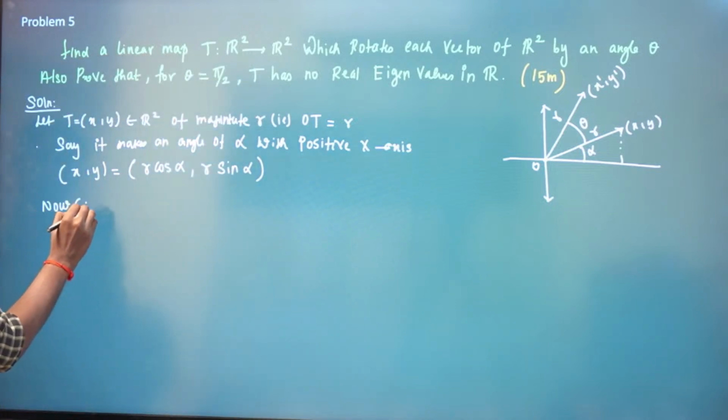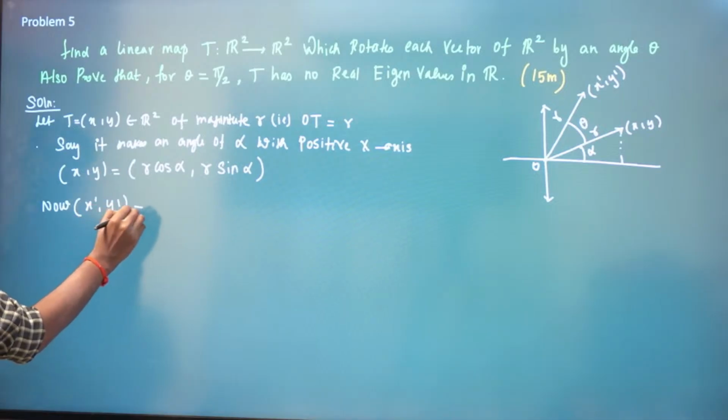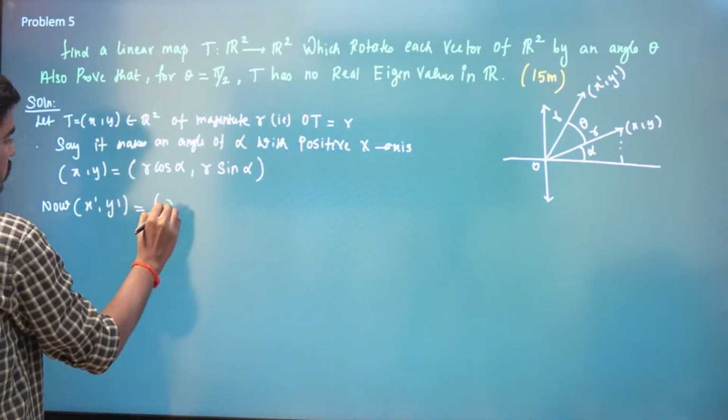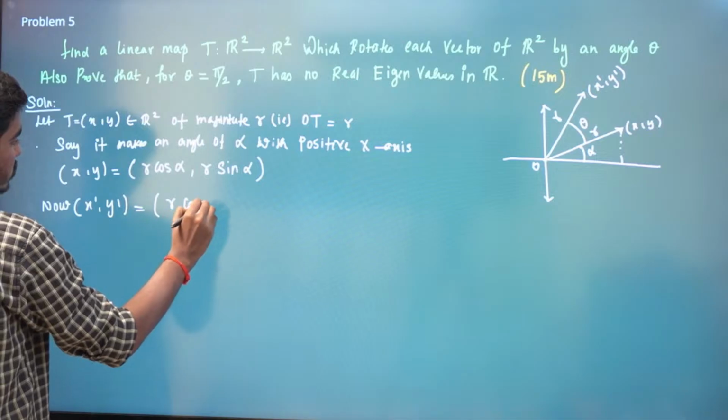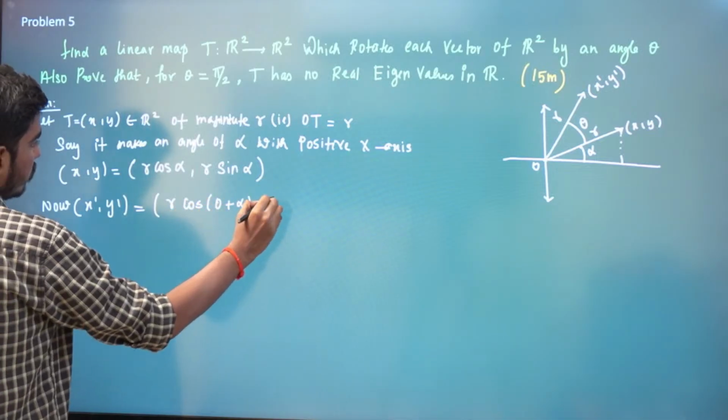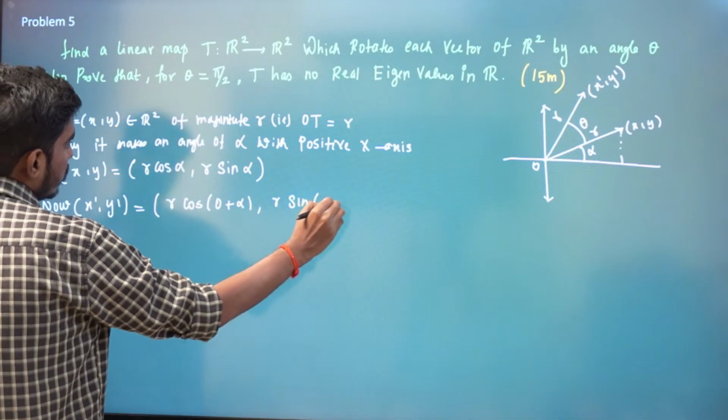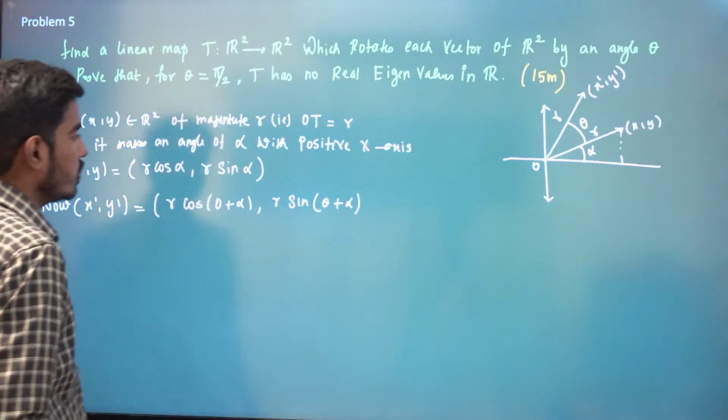Now what is x dash comma y dash? It is r times cos of theta plus alpha, r times sin of theta plus alpha. Yes or no?